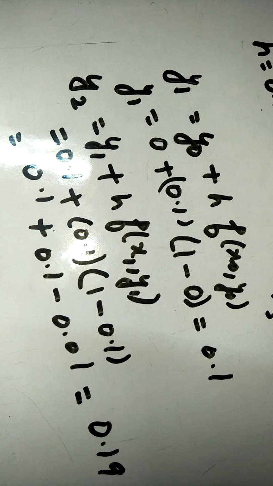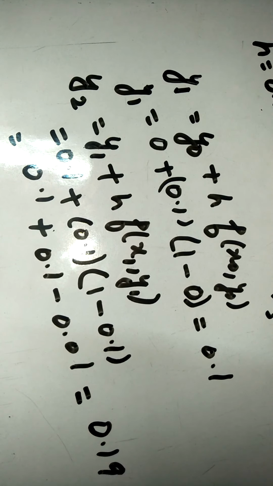In the function we put 1 minus y2, y2 means 0.19, so this becomes 0.81, so 0.19 plus 0.1 times 0.81.